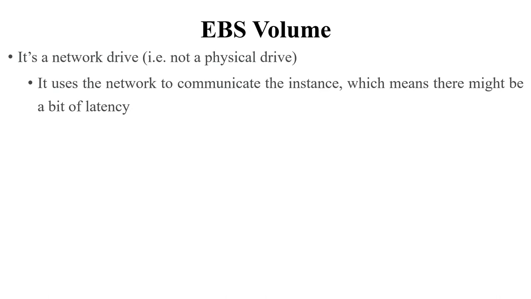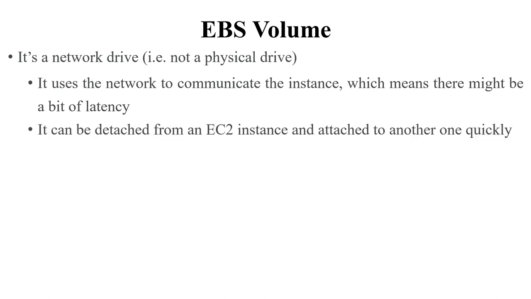So if you use an EBS volume while copying data, there will definitely be a little latency because it uses network-based communication. And it can be detached from an EC2 instance and attached to another one quickly. That is the beauty of it. We'll see this in a demonstration.